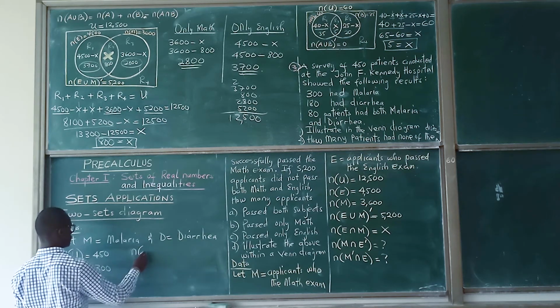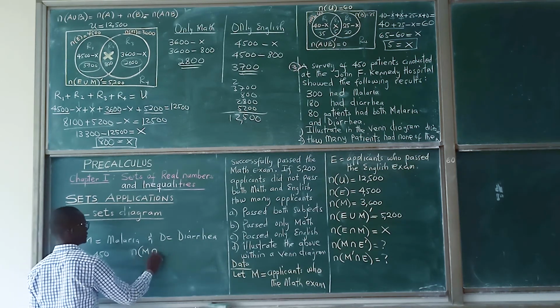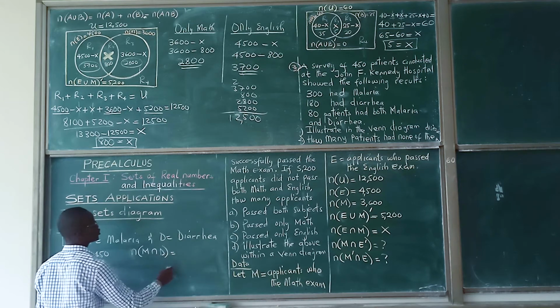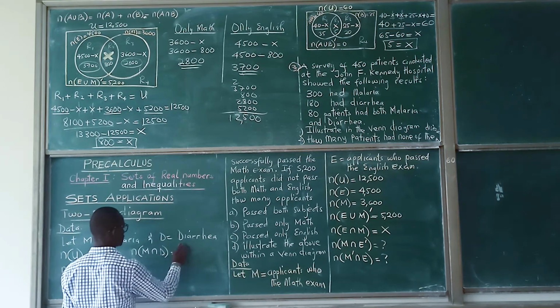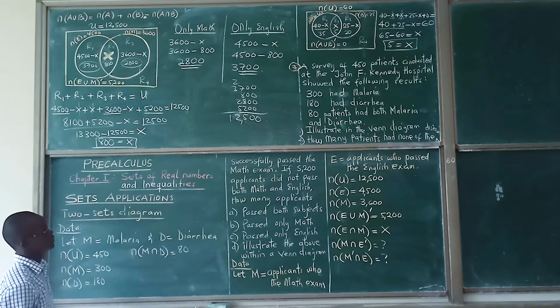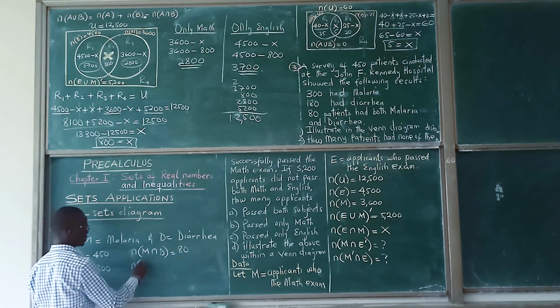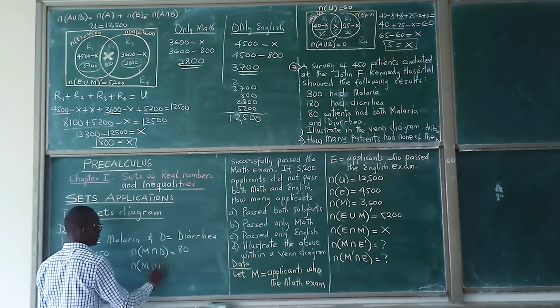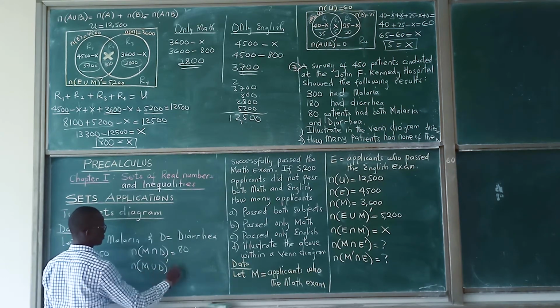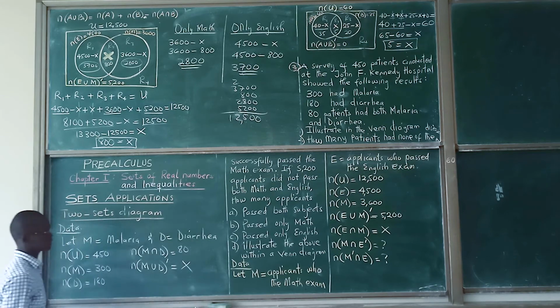The number of patients with malaria intersect diarrhea is equal to 80. So how many patients had none? None are those people outside of the two sets. So it's (M union D) prime, equal to some unknown variable x.